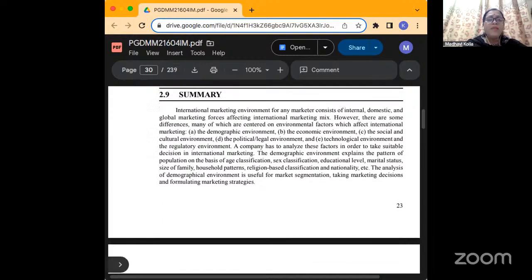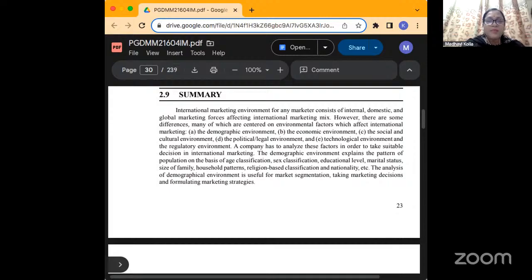So, in summary, we can say that the international marketing environment for any marketer consists of internal, domestic, and global marketing forces. Internal is internal to the company. Domestic is within the home country, and global marketing is the host countries where you're starting your business. So all these have to be amalgamated into your international marketing mix.